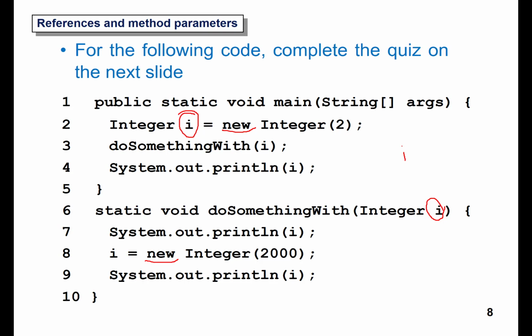Initially this second reference takes the value of the first reference, but in line 8 this second reference is assigned a completely new object. So we have multiple references. They have the same name, but they are completely different references.